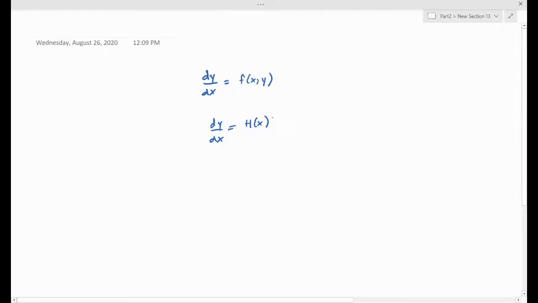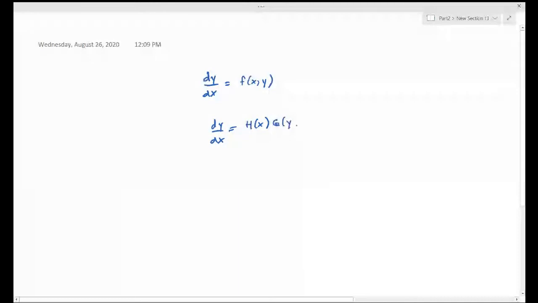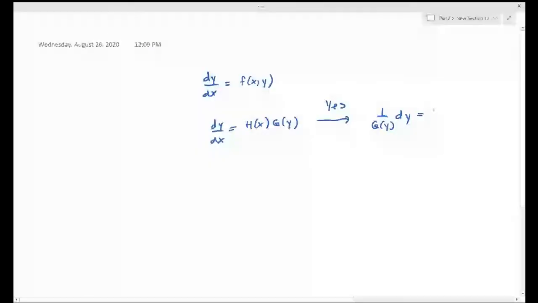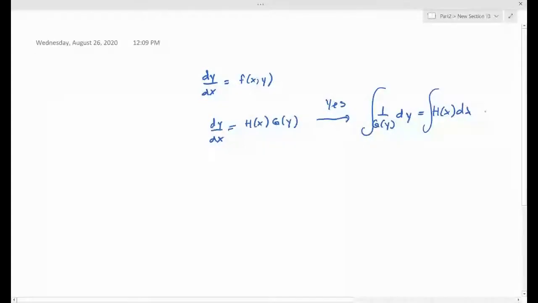Can the right-hand side be written as a function of x times a function of y? Can you separate the variables? If yes, then you just separate the variables and integrate both sides, and you get some kind of implicit solution. So you just integrate, and these would be equal up to a constant of integration.